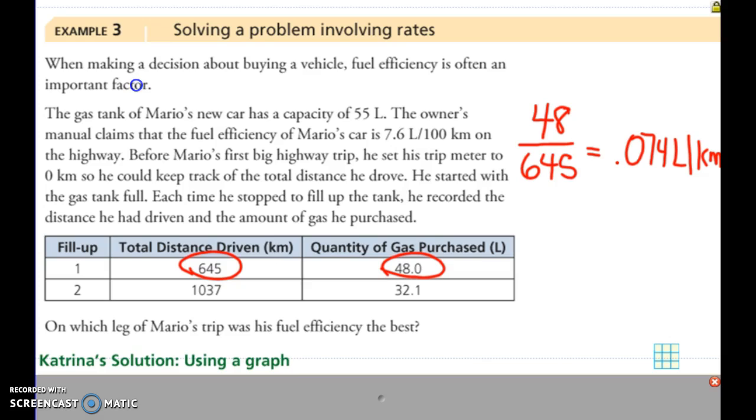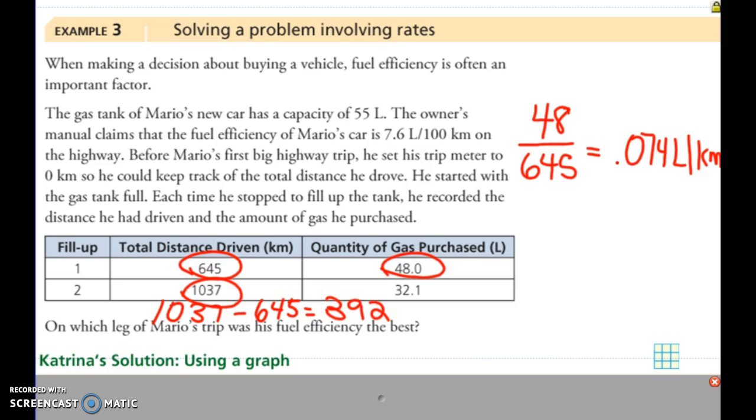Then the total distance driven for the next fill up totals 1,037. But keep in mind, he already did 645 of those in the first fill up. So if we go 1,037 subtract 645, that part of the trip will total 392.